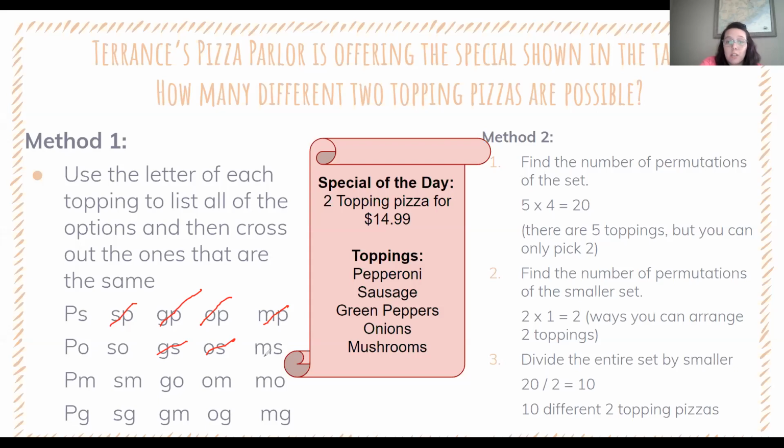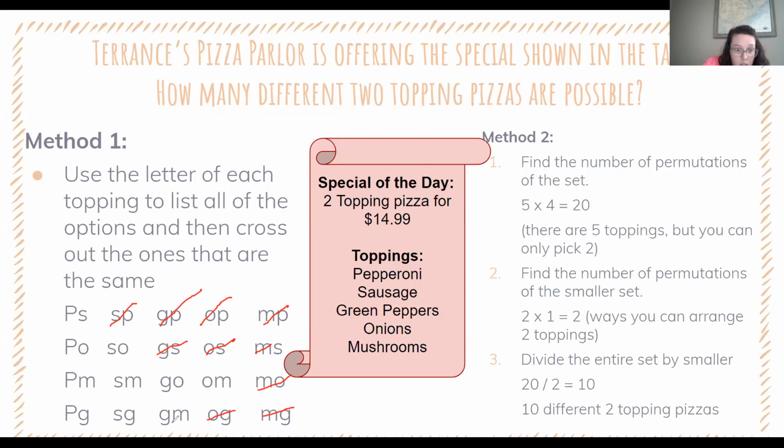Mushroom and sausage, I'm going to cross out because I have it over here. And it's easy to see with the letters. I have O and M and then M and O, so I'm going to cross this out. Mushrooms and green peppers I already have right here, so I'm going to cross that out. Onion and green pepper I have right here, so I'm going to cross one of them out. And I think that is all of them.